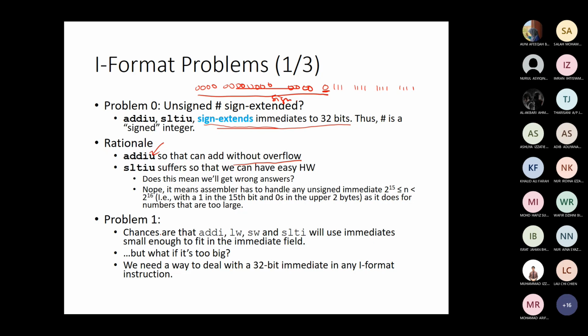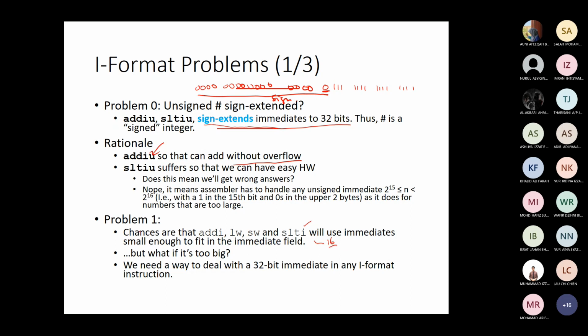Another problem is that chances are ADDI, load word, store word, and SLTI will use immediates small enough to fit in the immediate field, in this case 16 bits. So we consider that the immediate number can fit into the 16-bit immediate field.